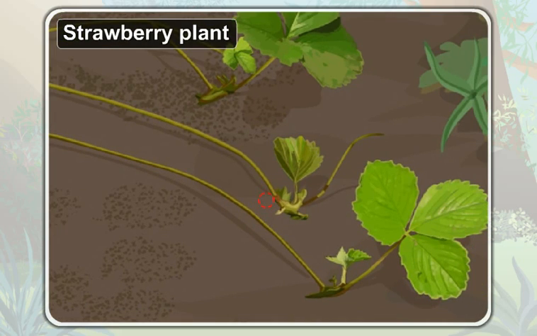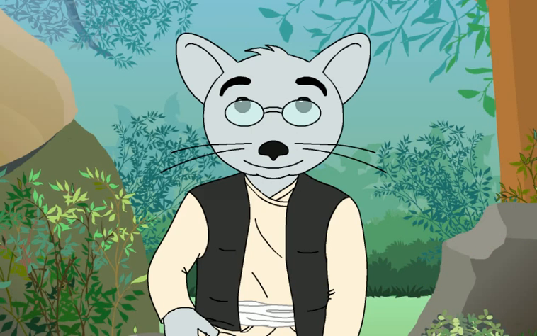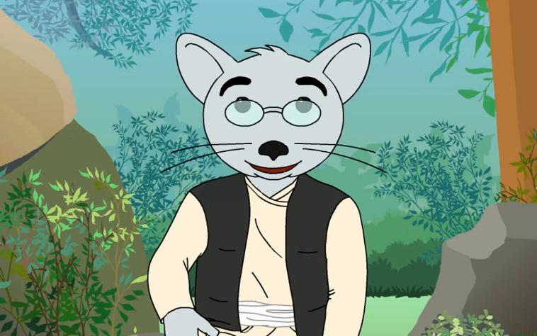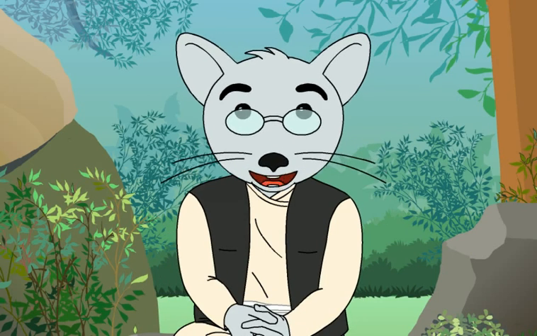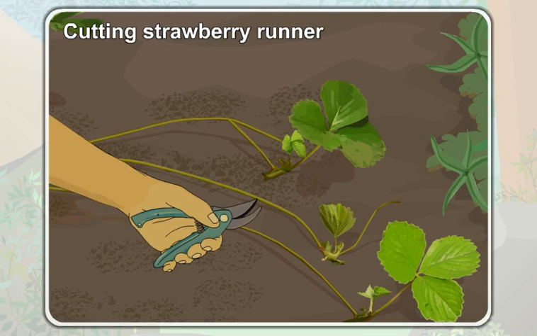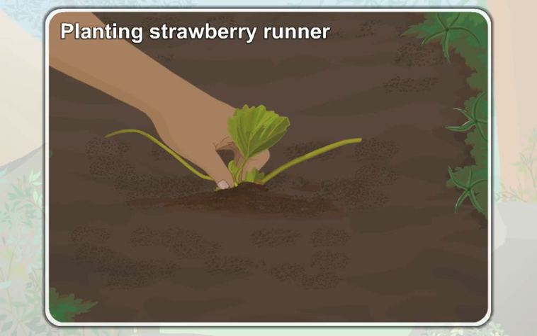Now look at these roots of the strawberry plant. They have grown under the runner. Now tell me how a strawberry plant reproduces. Confused? Well, let me tell you. Let's cut a piece of the runner of the strawberry plant and plant it in the soil.